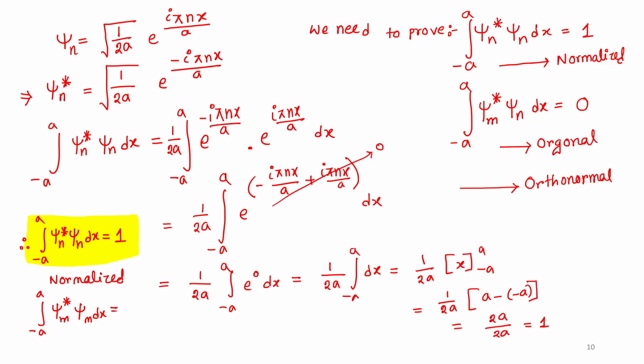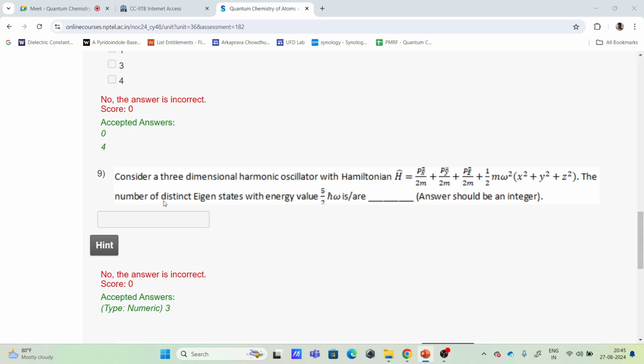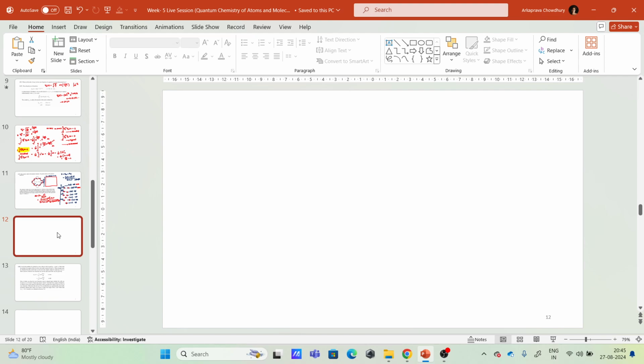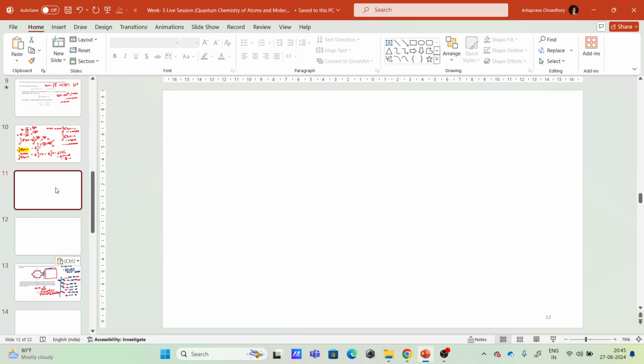I would have also got 1, right? Okay. Now we have to prove this is orthogonal. I will need some blank slides maybe. Let me arrange that. Might require two.